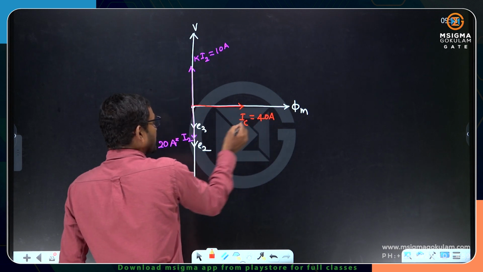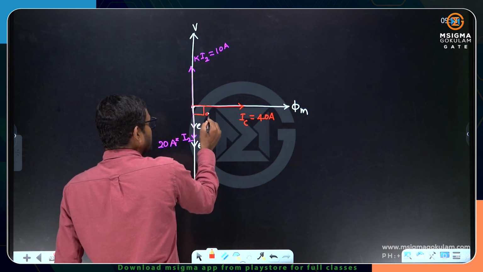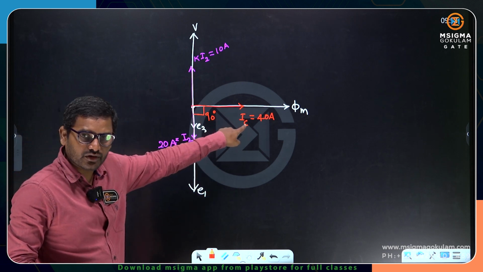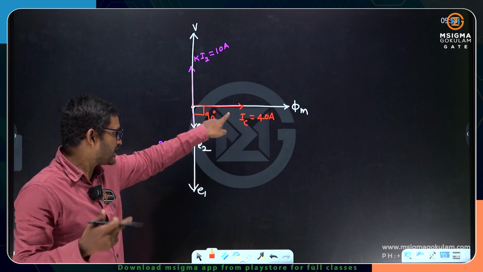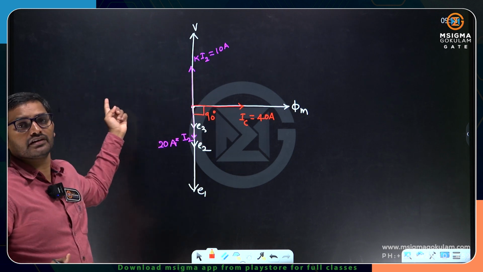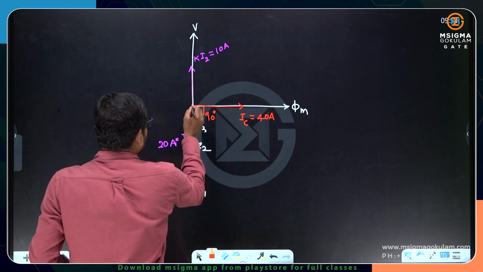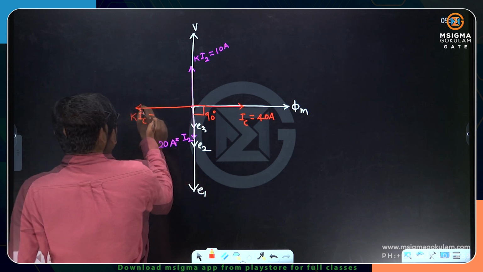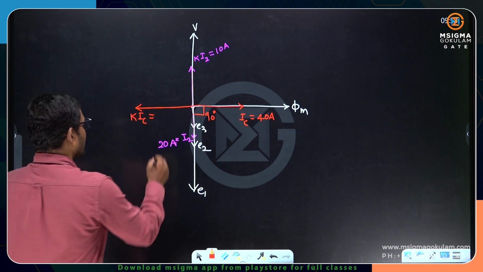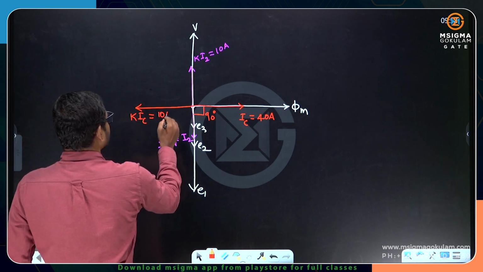Don't write it as j40, because already from E3 to IC we have got 90 degrees. Now for the third load component, the tertiary winding load current will result in K times IC on the primary side. K is N1 by N3? So 1 by 4 times 40, we got it as 10 amperes.